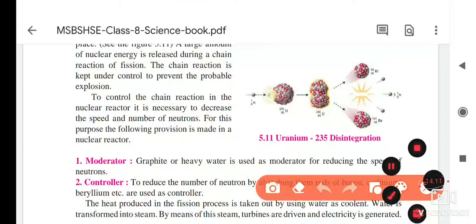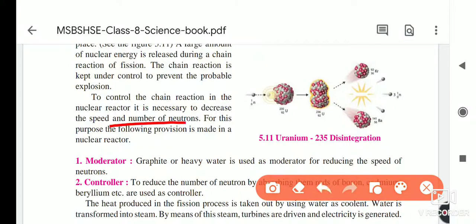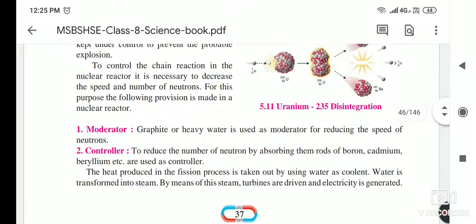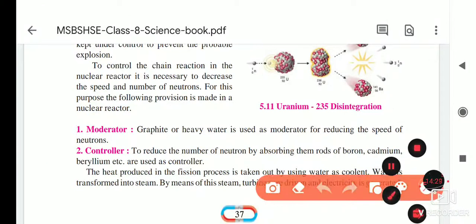To control the chain reaction in the nuclear reactor, it is necessary to decrease the speed or the number of neutrons, and for that purpose the following provisions are made. So which are those provisions? To decrease the speed of neutrons, a moderator is used. So which is that moderator?